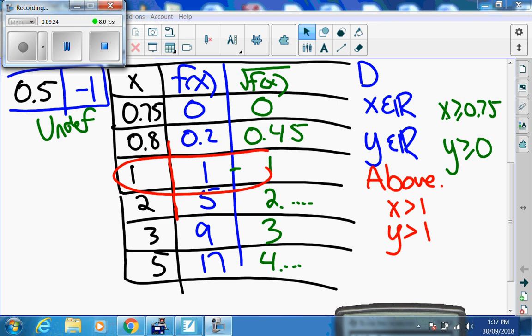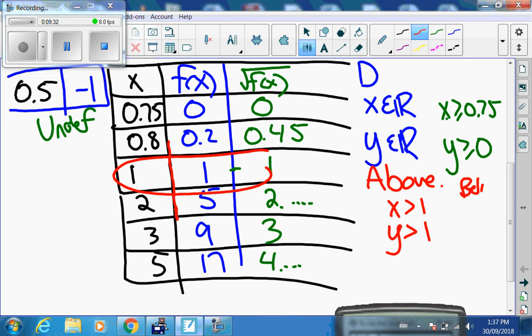It's below from the x values from 0.75 to 1, because those are the values where the y value is between 0 and 1. And those are the values that we really care about.